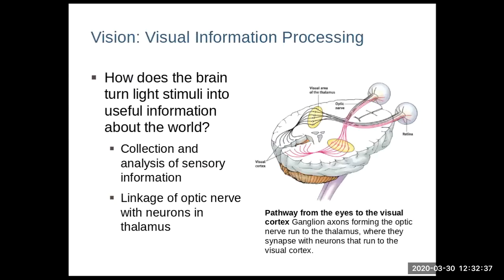From that spot, as you can see behind the eyes, about 85 to 90% of those axons cross over. So majority of the information from the left eye goes to the right thalamus. Majority of the information from the right eye goes to the left thalamus. And from the thalamus, the information goes to the visual cortex so that the brain can interpret what it is the eyes are seeing.